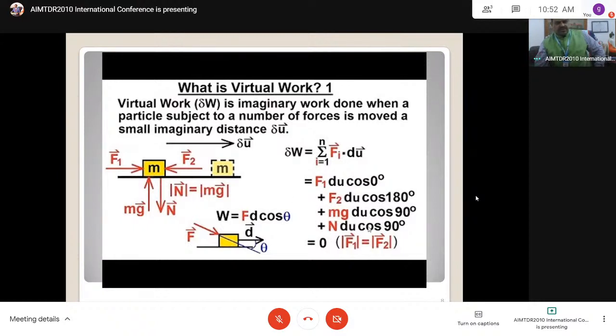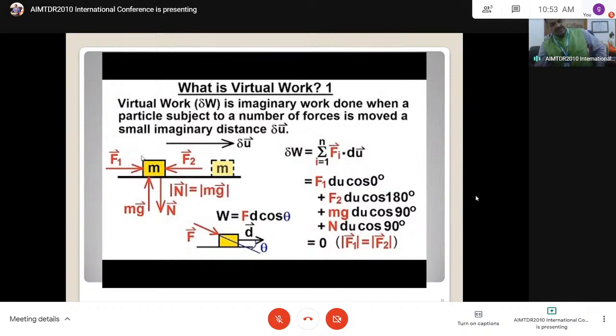Finally, if you resolve, F1 is equal to F2. See, it is the same equilibrium equation: the sum of forces in the x direction is 0. That also will give the same equation. Cos 0 is 1, cos 180 is minus 1, cos 90 is 0, and that's why the mg term is 0 and the N term is 0. That is the meaning. There is no virtual work done along the surface due to the gravity force or due to the normal reaction. That's because cos 90 is 0 mathematically. That's why sometimes, instead of representing those components every time, you neglect them. That is the real system.